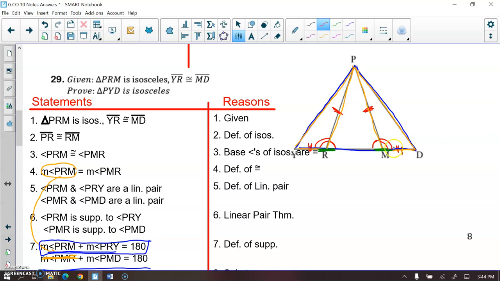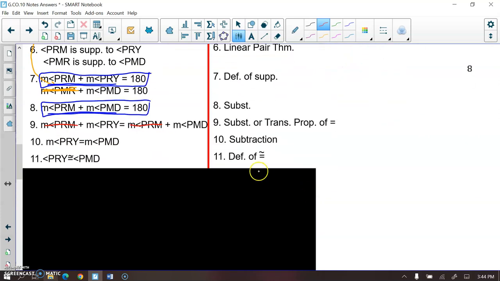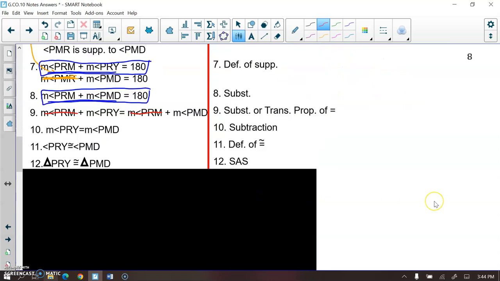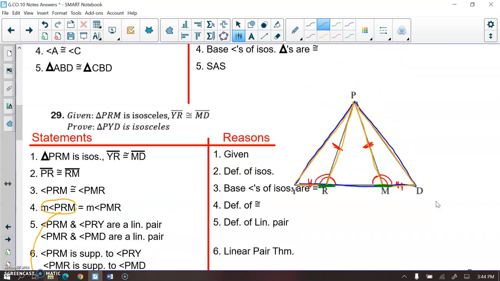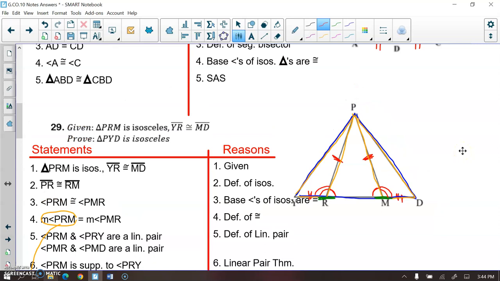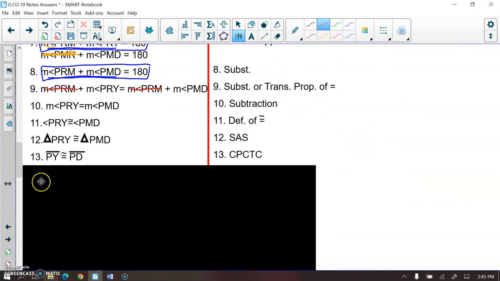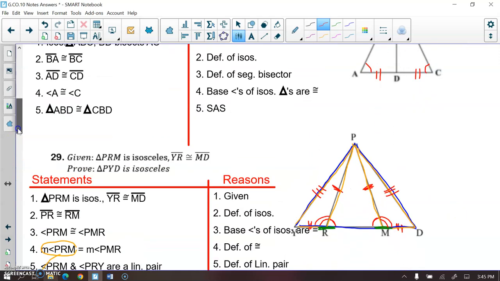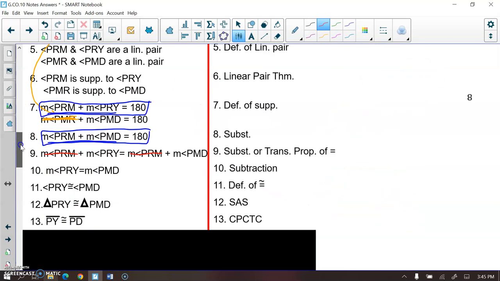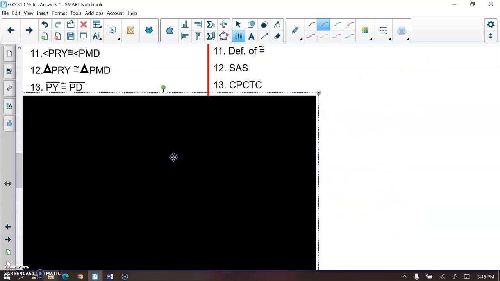So now those two yellow triangles are congruent by SAS. If those two yellow triangles are congruent by SAS, using CPCTC, I can say that these two sides are congruent. And if those two sides are congruent, this whole triangle is isosceles by the definition of isosceles.